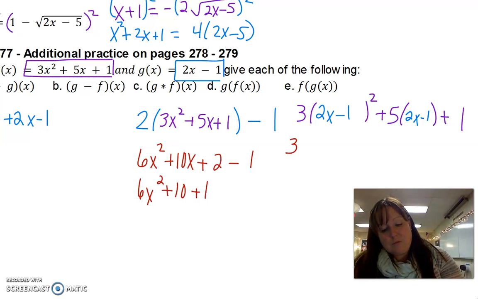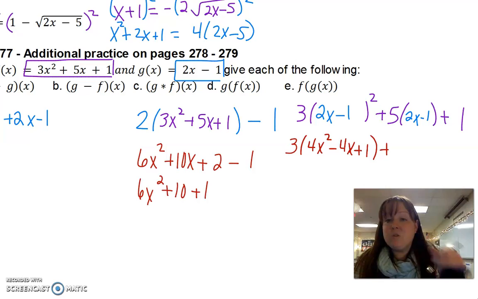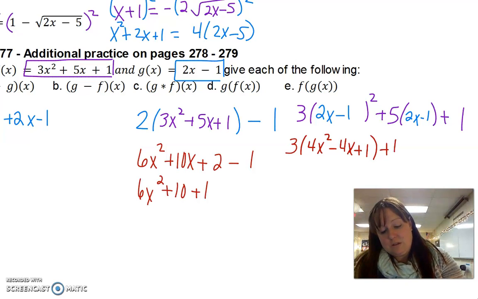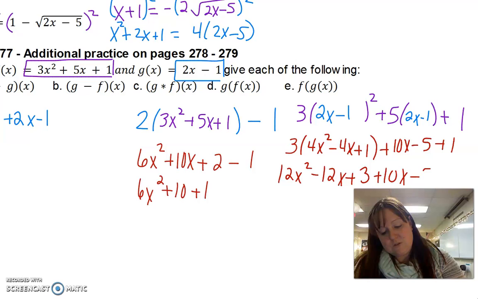So that's going to end up 3 times 4x squared minus 4x plus 1. And then we can multiply that 5 in because there's no exponent. So 10x minus 5 plus 1. And so that ends up 12x squared minus 12x plus 3 plus 10x minus 5 plus 1.